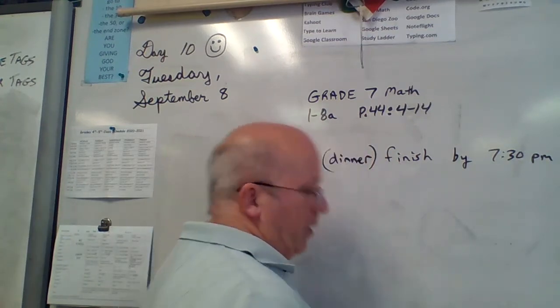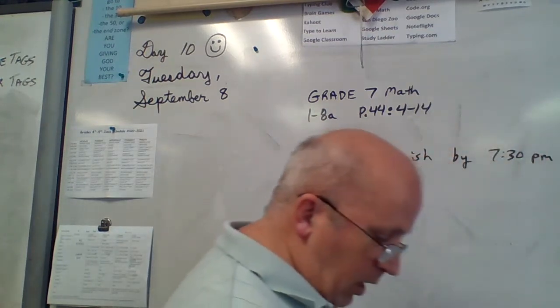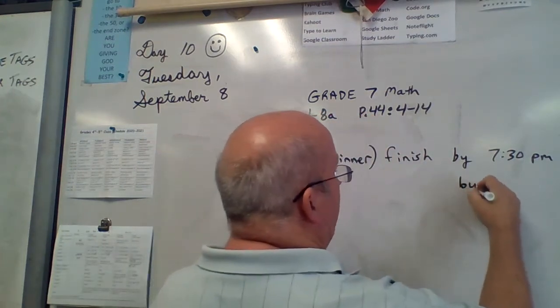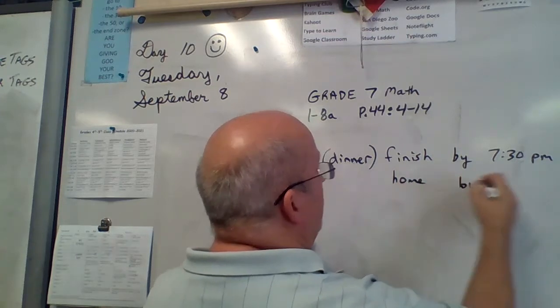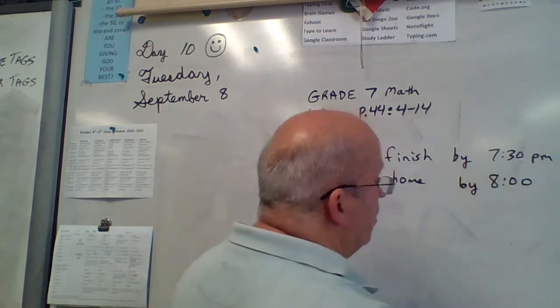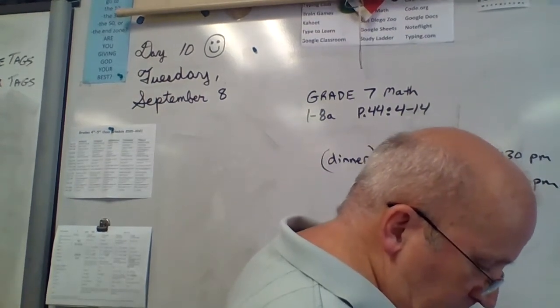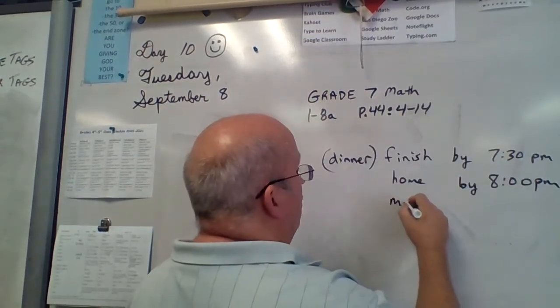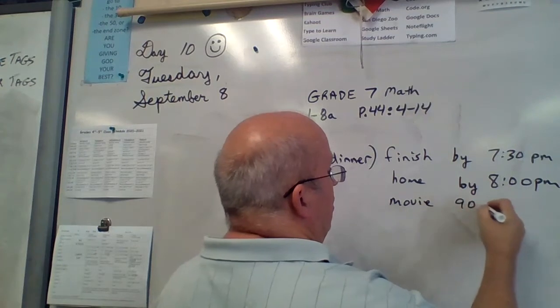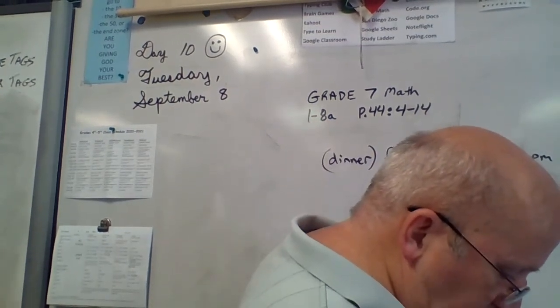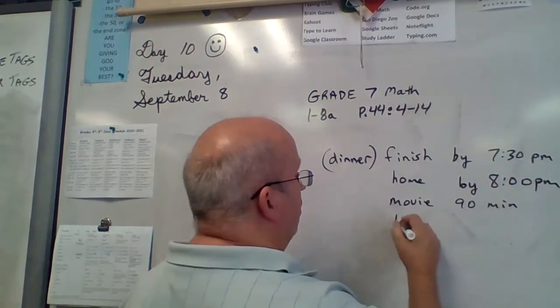Finished with dinner by 7:30 p.m. And she needs to do that so that she can get home by 8 p.m. Let's see, the movie takes 90 minutes. And she wants to have at least 1 hour for dinner.